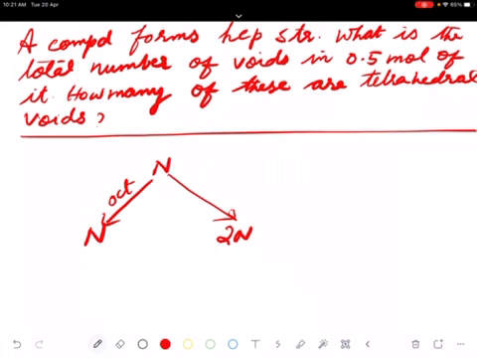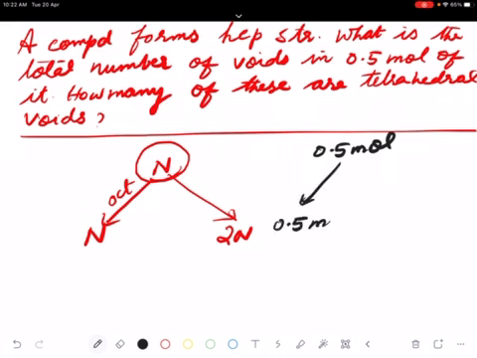And they said if N is the number of atoms in that crystal lattice, for that N they have given the number 0.5 mole. So how many octahedral voids will be there? 0.5 mole. How many tetrahedral voids will be there? 2 into 0.5 mole. That means 1 mole.